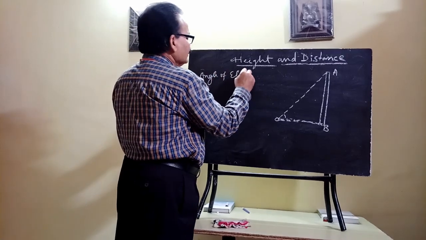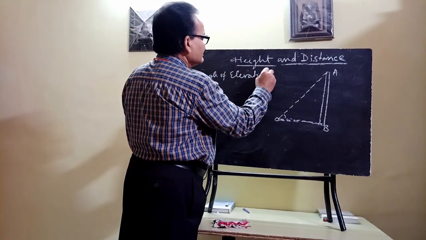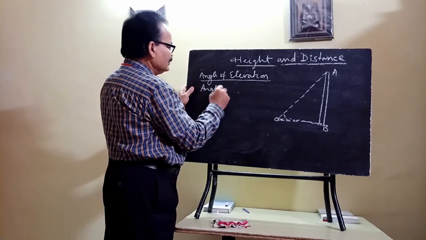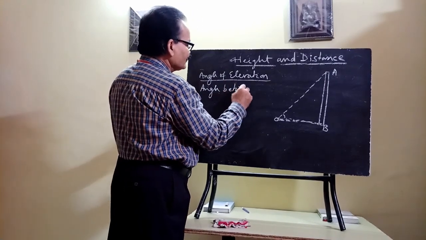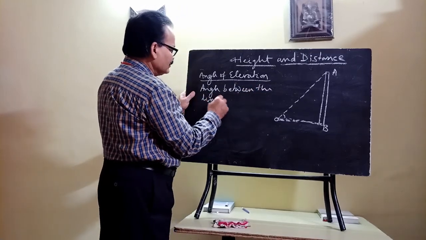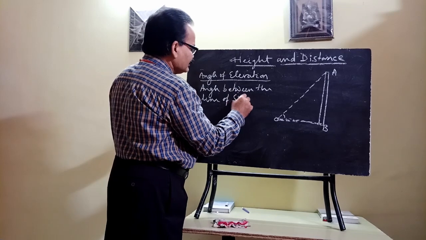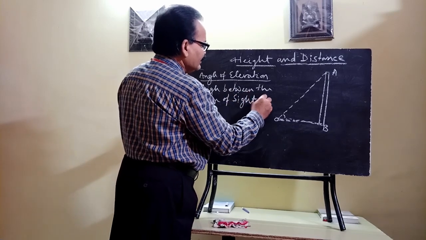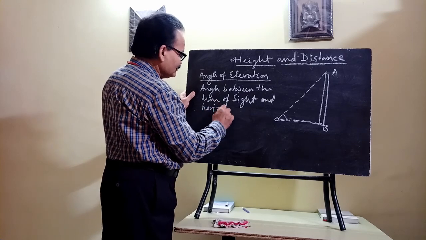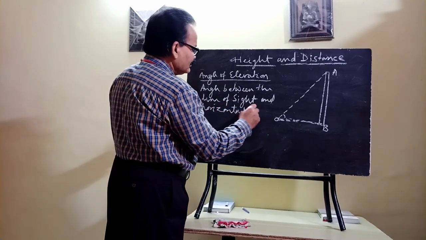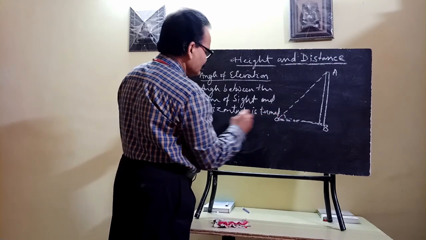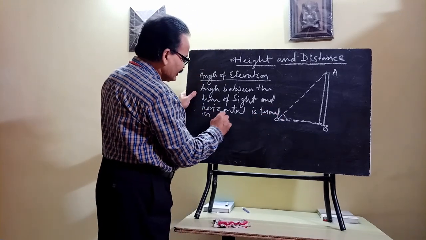Angle of elevation is the angle between the line of sight and the horizontal.